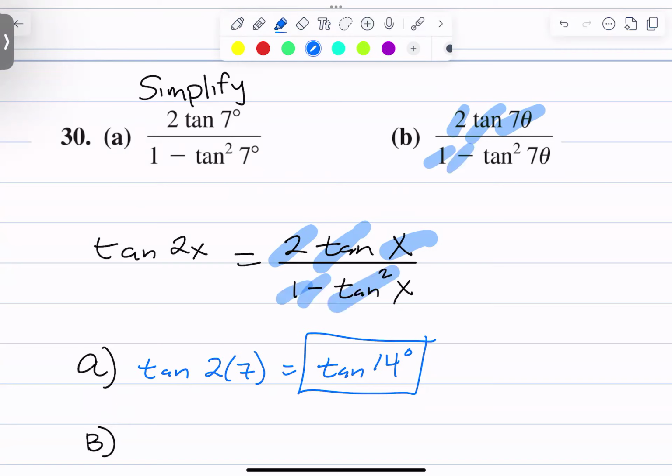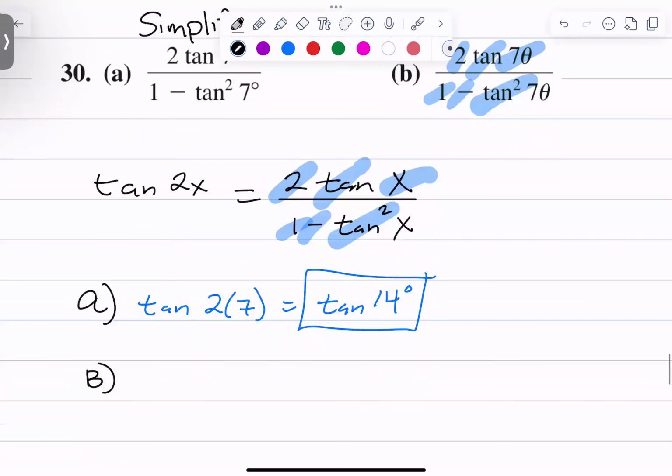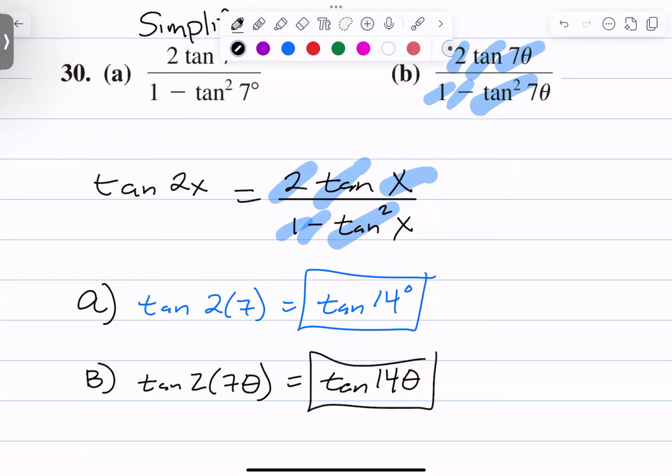Tangent squared of x, tangent squared of 7 theta. So my x value is 7 theta. So this would be the tangent of 2 times 7 theta, which is the tangent of 14 theta. And that's your answer. We're just simplifying.